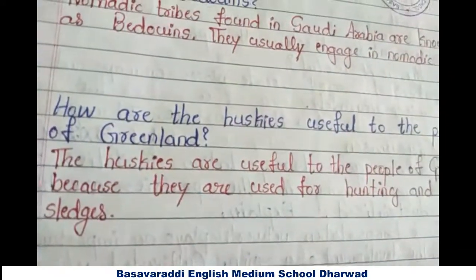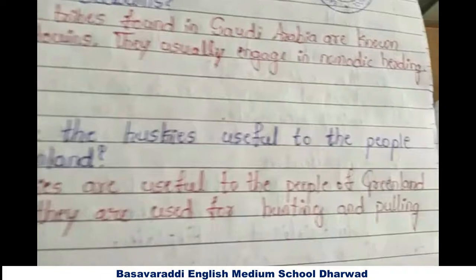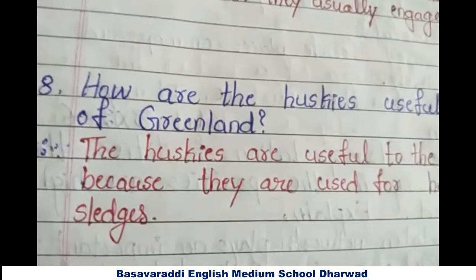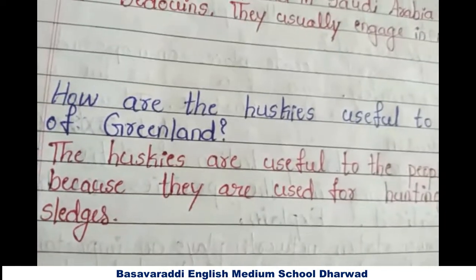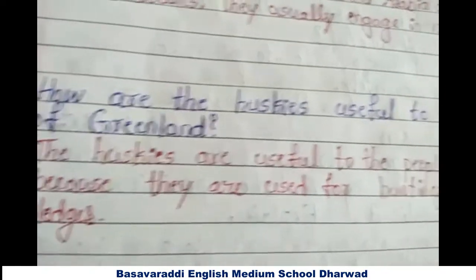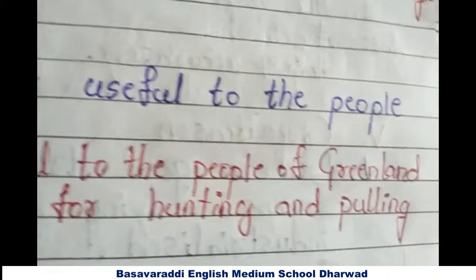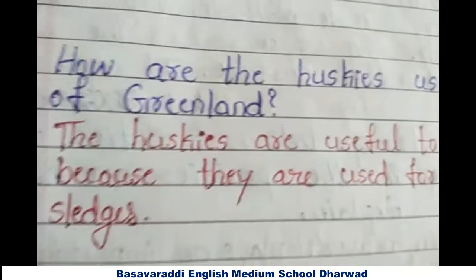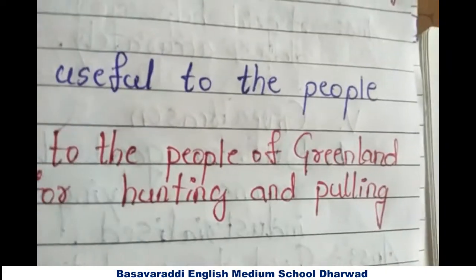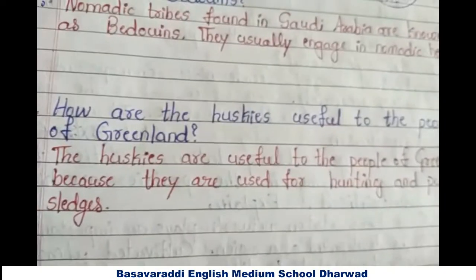Next, how are the huskies useful to the people in Greenland? The huskies are dogs. The huskies are useful to the people of Greenland because they are used for hunting and pulling sledges.